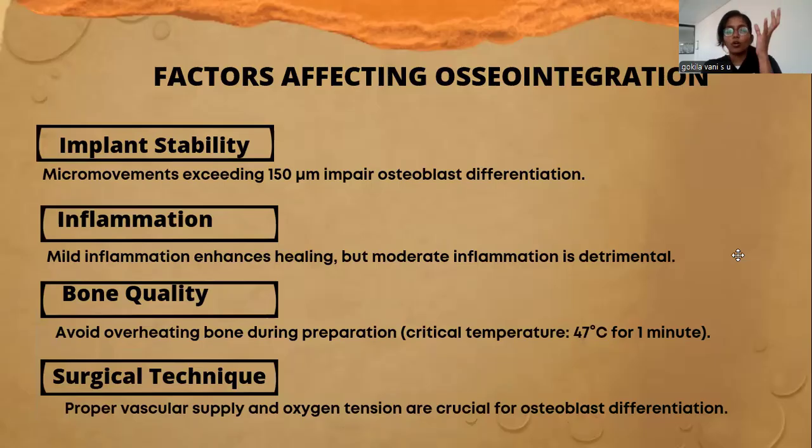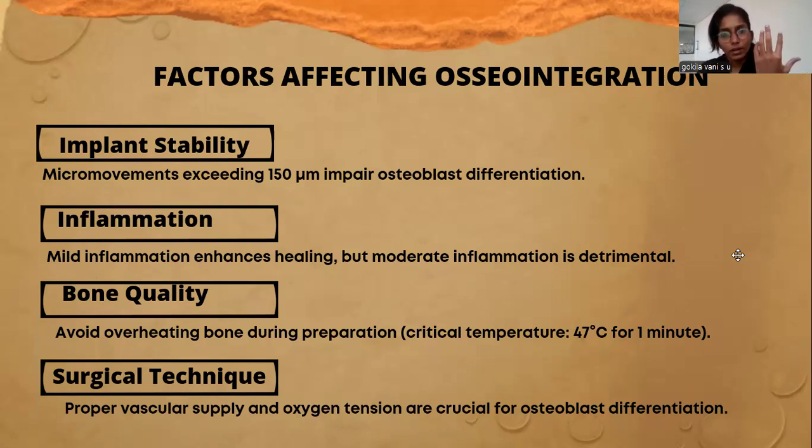Then what are the factors that affect osseointegration? I would like to start with implant stability. So what is implant stability? First is the primary stability that we check during the implant procedure. While inserting, after osteotomy site preparation, we check the torque to find implant stability, which should be above 35 and up to 70 Newton centimeter.